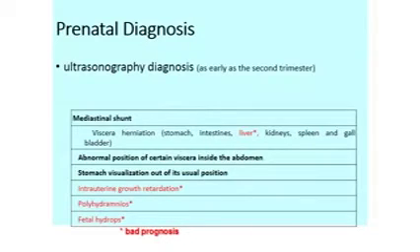And we mean by fetal hydrops that the baby has fluid collection in all his serous cavities, pleural effusion, ascites, scrotal edema, and even fluid collection subcutaneously. هذه معنى الفيتال hydrops. So all the red marks, they point to a bad prognosis.